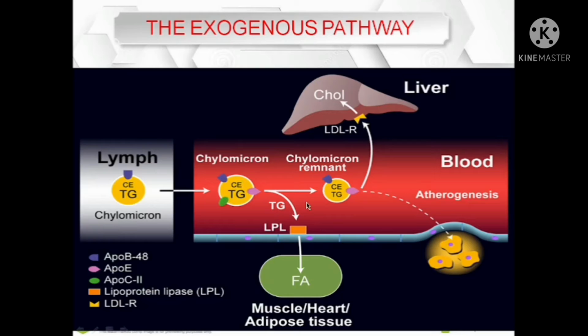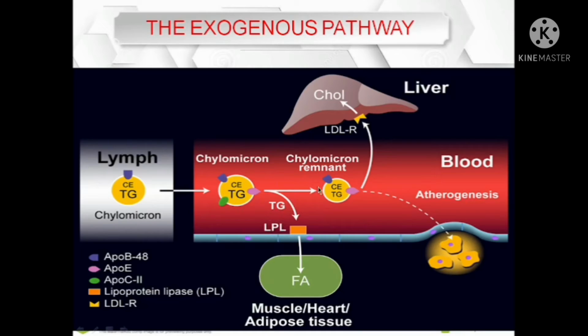So chylomicron will first donate its ApoA1 to HDL, and in turn the HDL will also give back ApoC2 to chylomicron. Remember that chylomicron doesn't have enough ApoC2. In fact, ApoC2 is predominant on HDL, and so chylomicron needs the ApoC2 to facilitate the activation of lipoprotein lipase.